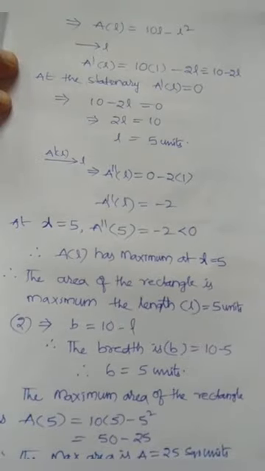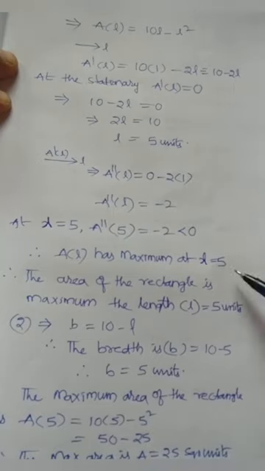In this similar situation, the question may be asked in a different way also. So observe the values: what is our L? 5, and what is our B? 5 itself. So the length and breadth are equal. Then that rectangle becomes a square.